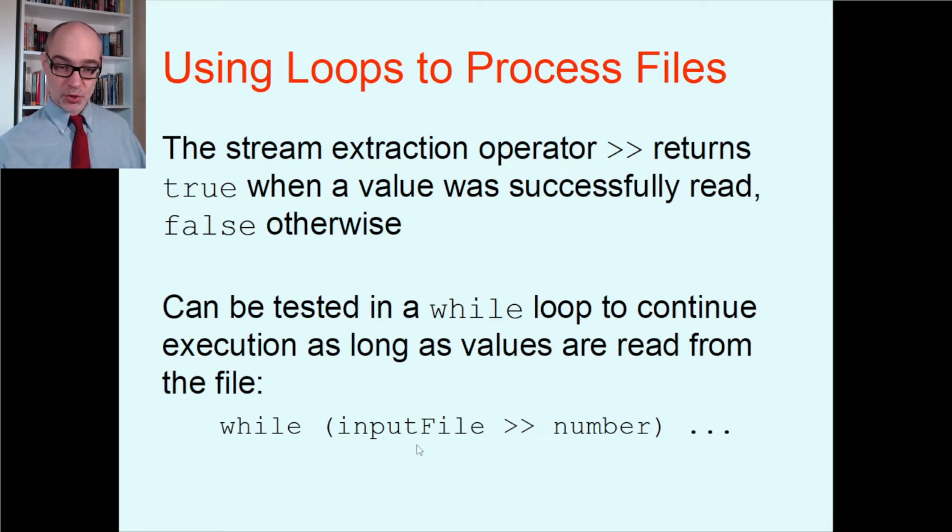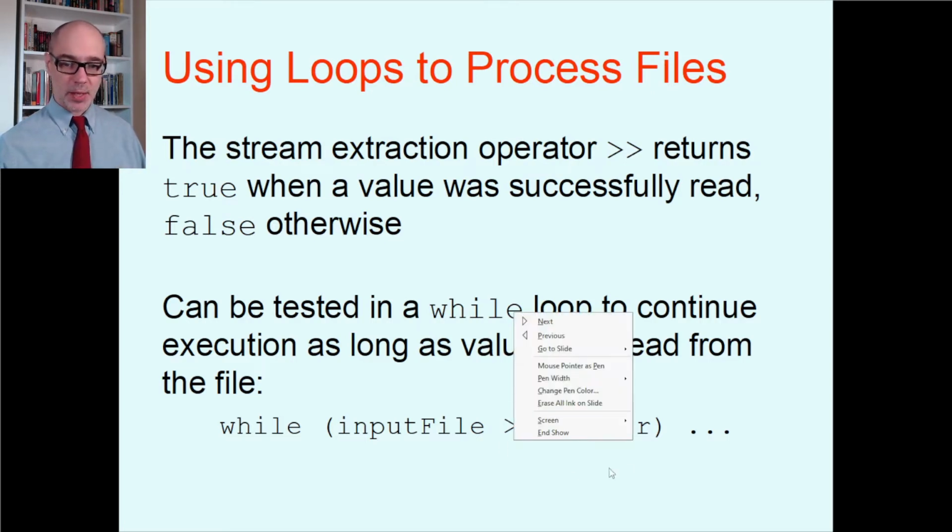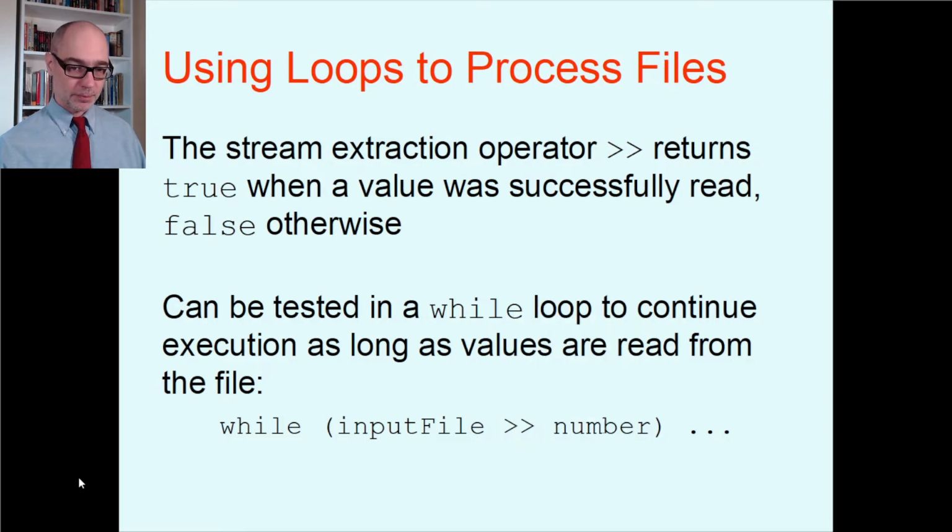If that works, it's true. And you go into the body of your while loop and you print it or you add it, or you do some kind of calculation. And you come back, right? And you try it again. Try to read in a piece of information, a number. If that works, this is true. You go back in the body and you do your process. Great. You come back here, and if it fails, if there's no more numbers in the file, this will be false, and that's what gets you out of the loop.